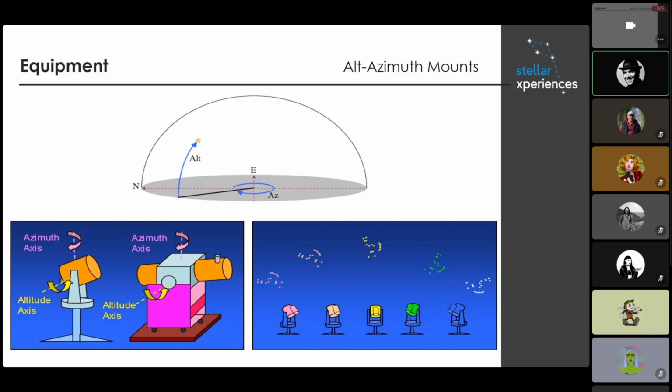But still, if you want to use this type of mounts for astrophotography, it is better used for planetary astrophotography, because with planetary astrophotography, you will not need long exposures.